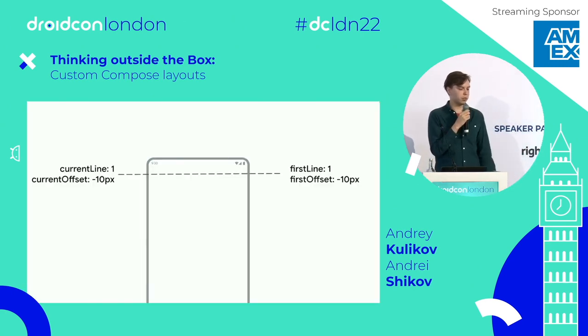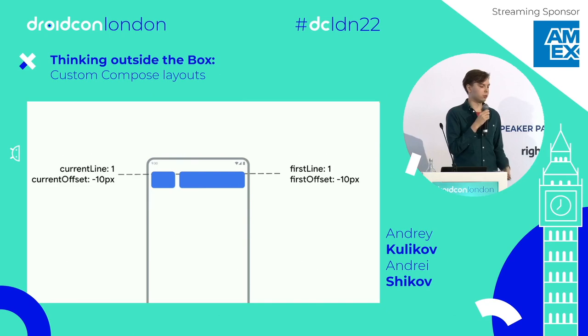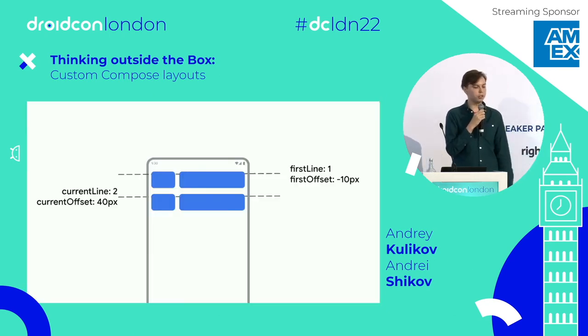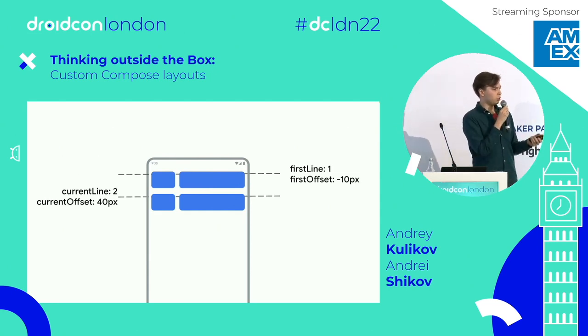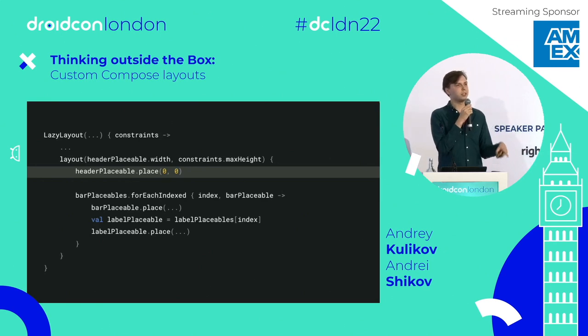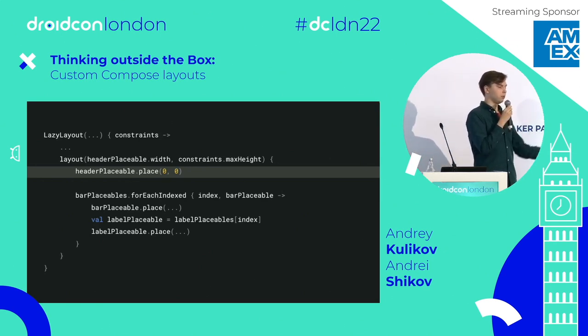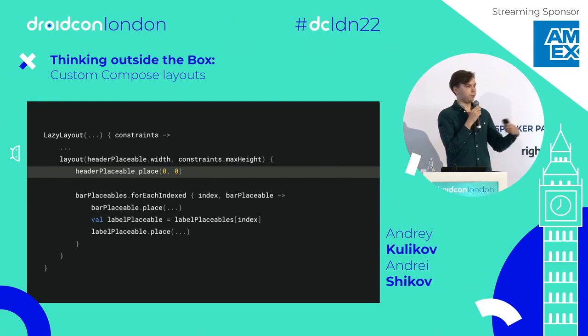And the placement is similar to what we already saw. We just go over each element and increase the offset in the line. I won't go much into the logic there because it's basically the same as we saw before. But the interesting place is the header, because in the previous layout, the regular custom layout, we were placing it first.